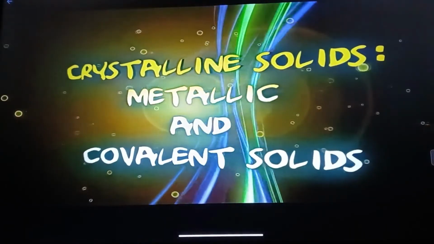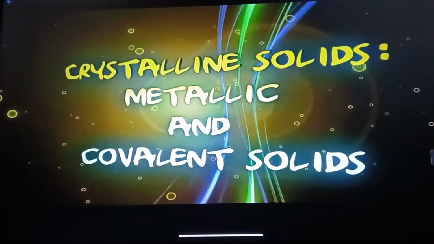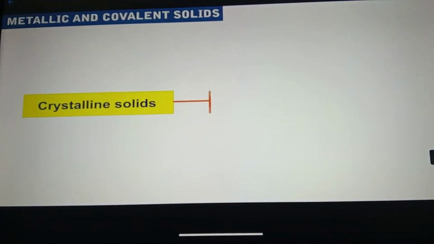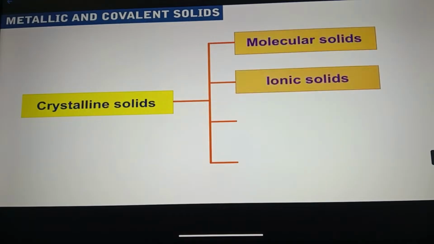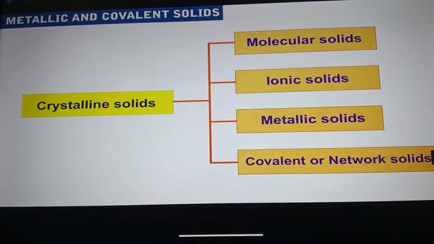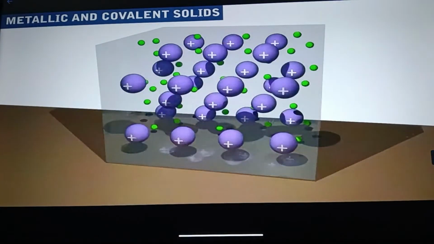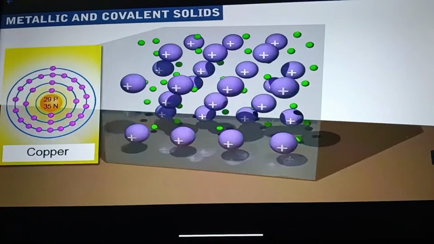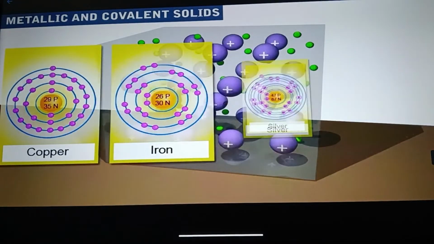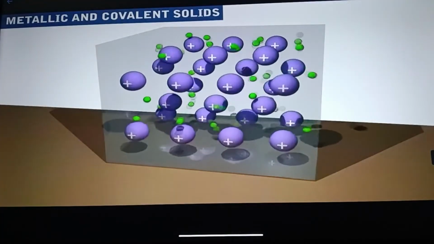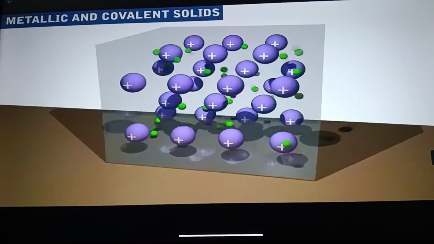Let us now study about metallic and covalent solids. Let us begin our discussion with metallic solids. In metallic solids, the metal atoms such as copper, iron, silver, and magnesium lose their valence electrons to the crystal as a whole.